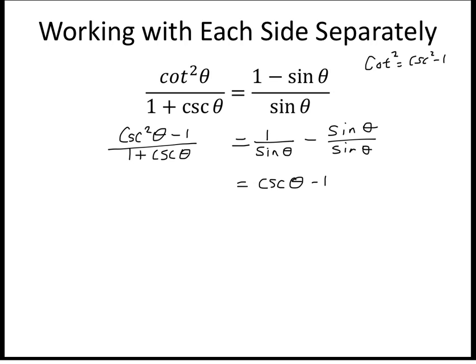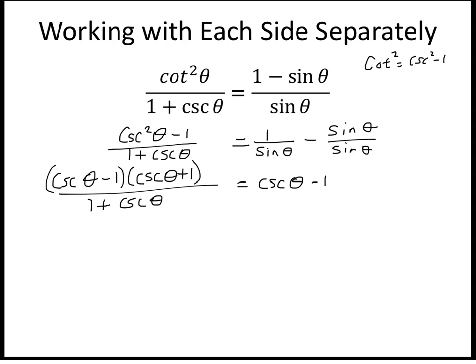Now, looking at this top, we haven't talked about factoring, but I see I have basically a difference between two squares. My first term is a square, my second term is a square. So this can be factored into cosecant theta minus 1 times cosecant theta plus 1, and that will all be over 1 plus cosecant theta.